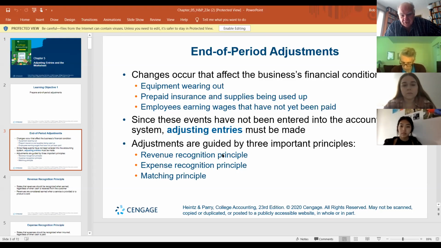So the adjustments are all based on a very important accounting principle. There's like a dozen or so what are called accounting principles. The matching principle may be the most important. The matching principle means we record revenues and expenses in the period where they took place.